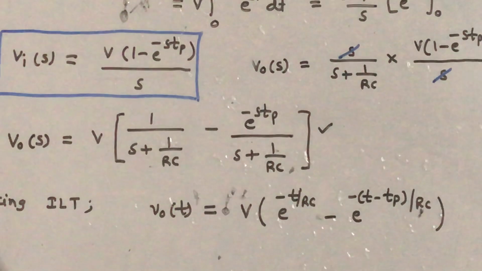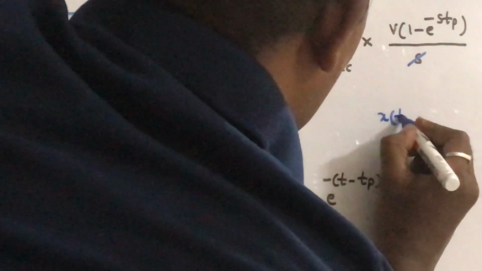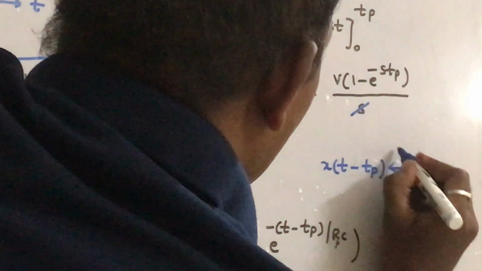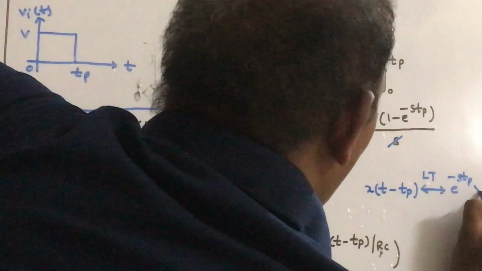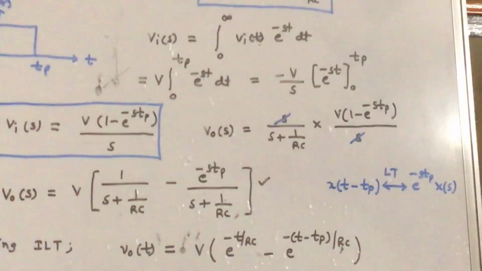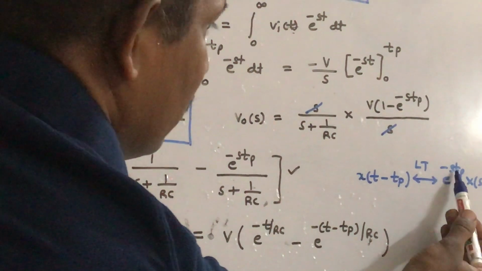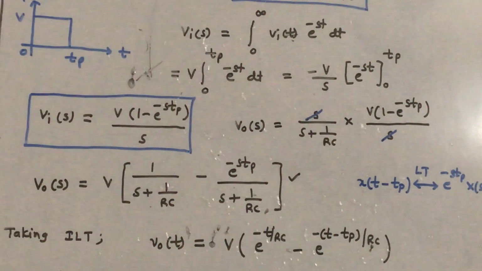Use this Laplace transform identity: the Laplace transform of x of t minus Tp is e power minus sTp into x of s. So t is replaced by t minus Tp in this expression.